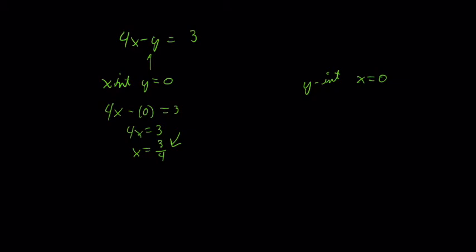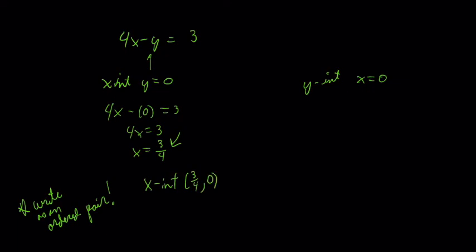My x-intercept must be written as an ordered pair. This is just the x-coordinate of my ordered pair. So I have that my x-intercept, which you can shorten to x-int, is when x is 3/4, y is 0.